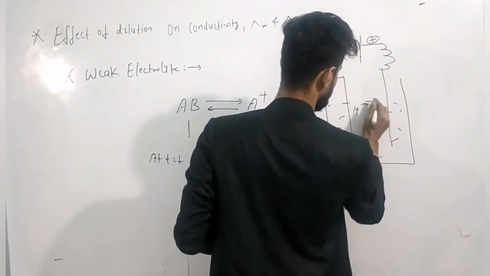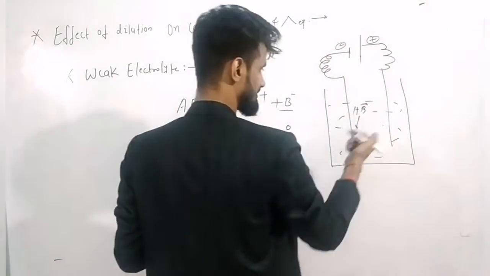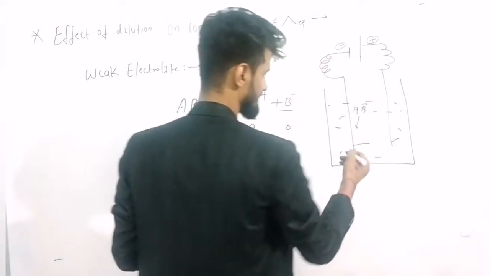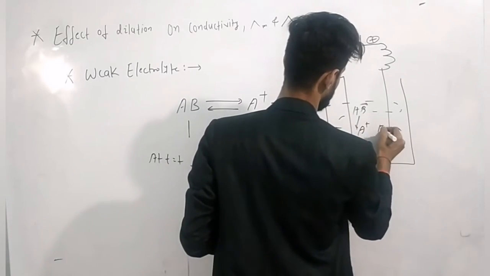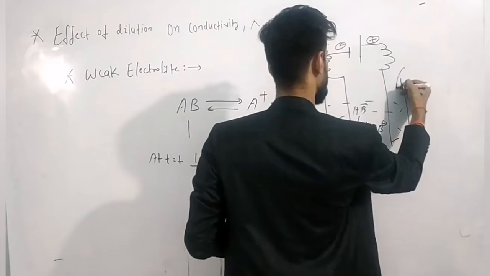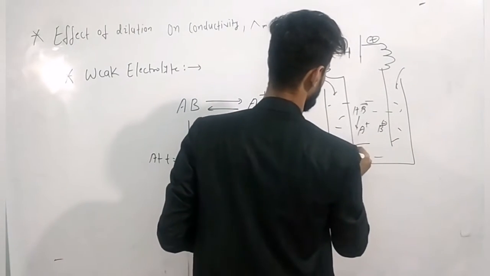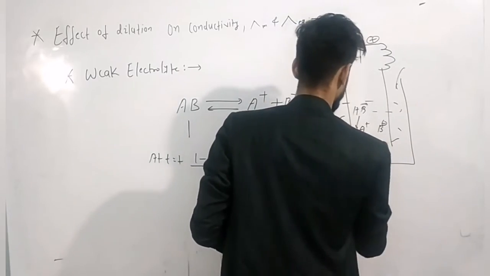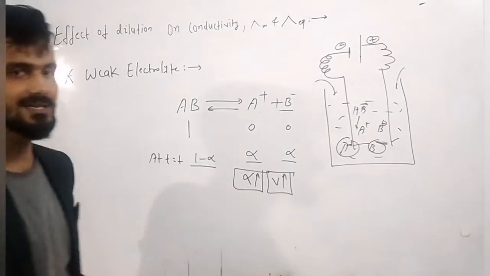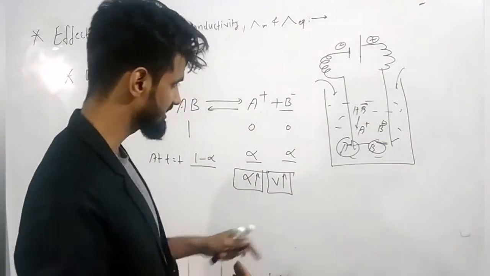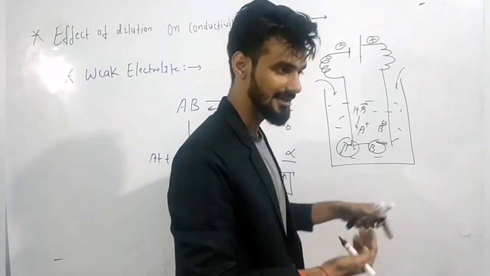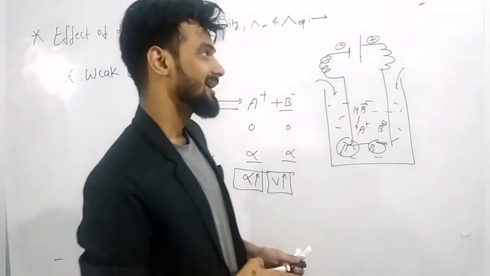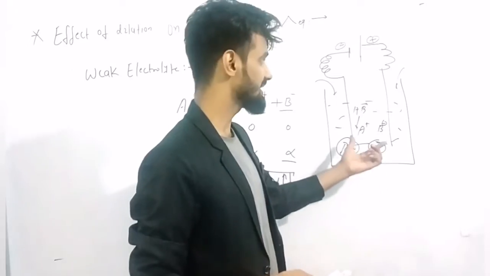Initially it is AB, and after dissociation it gets converted into A plus and B minus. Again, if you dilute this electrolyte, you will get more and more A plus and B minus. So per unit volume, the charge carrier is going to be increased, because due to dissociation the number of ions is getting increased. So conductance would increase, so molar conductance will increase.